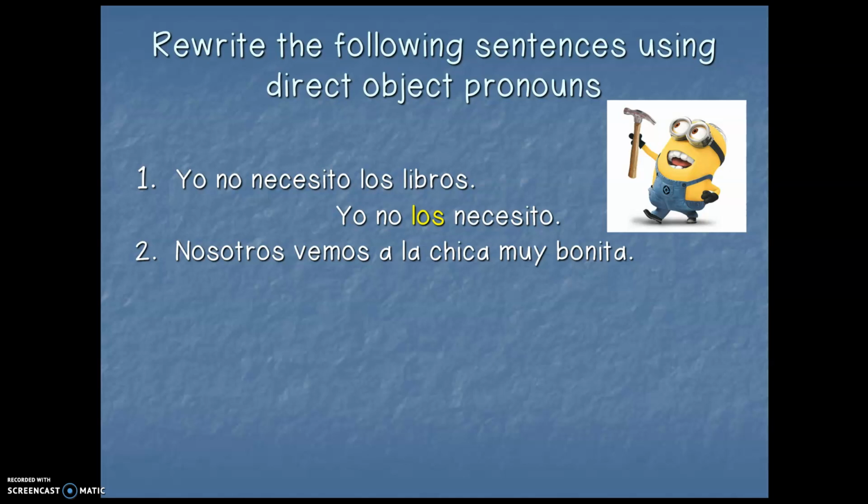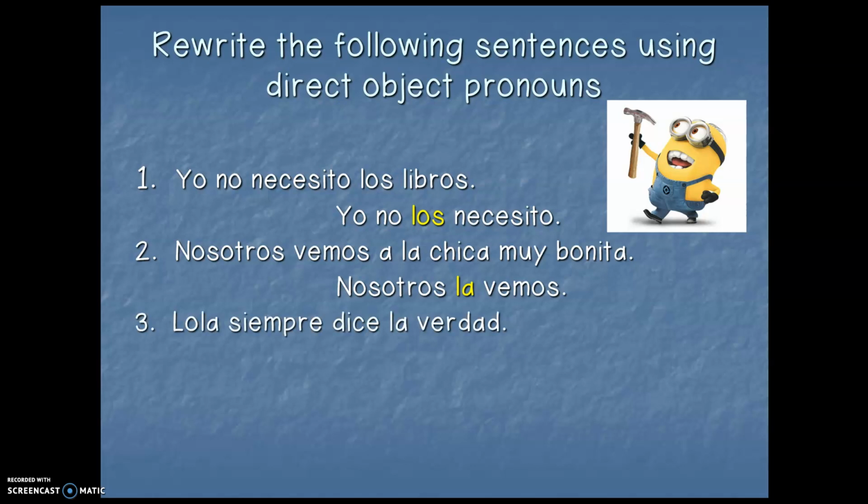Again, don't forget to write that pronoun before your conjugated verb. Nosotros la vemos. With this example, note that we even replaced and got rid of muy bonita, right? We're talking about la chica, she just happens to be muy bonita, but that la replaces all of that.